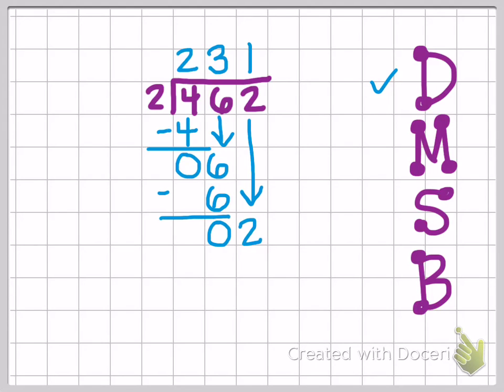Now we multiply. 1 times 2 is 2. Place the 2 at the bottom underneath the last remainder. Now we subtract. 2 minus 2 is 0. The next step says to bring the next digit down, but there is not another digit to bring down in our dividend. So you see we have no remainder. So our final quotient is 231.